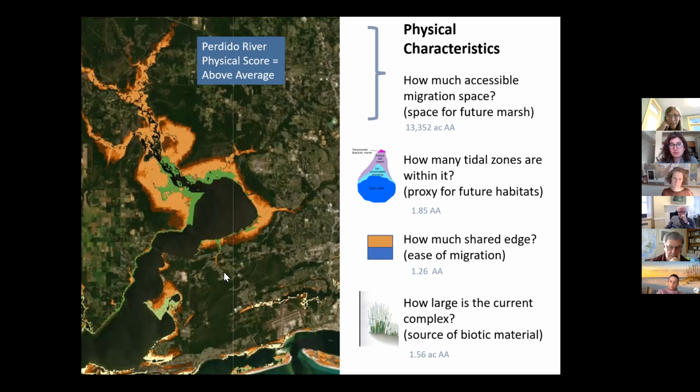I am curious if anyone has a comment on what you think this marsh migration space is comprised of today. Can you tell by looking at that space?